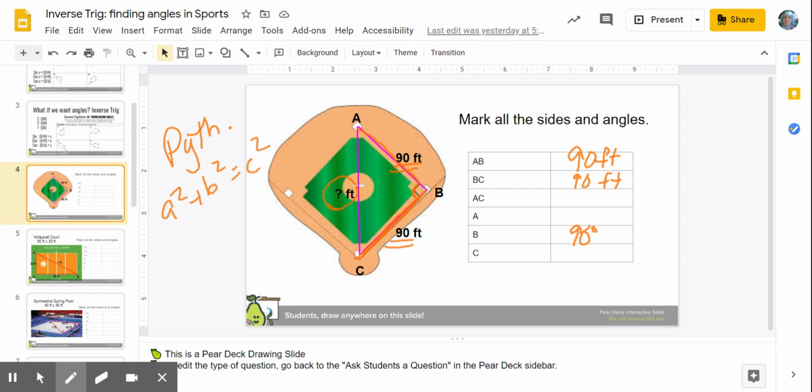And are my 90s the A, the B, or the C? The A and the B, right? Because the C is the longest side. So we're going to do 90 squared plus 90 squared equals C squared. So what do you get for C once you do all that?